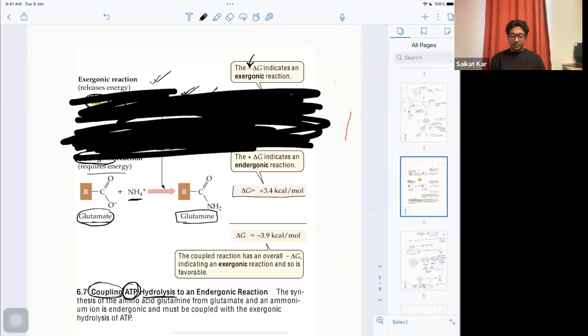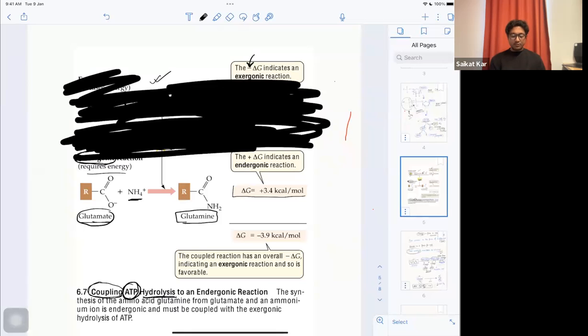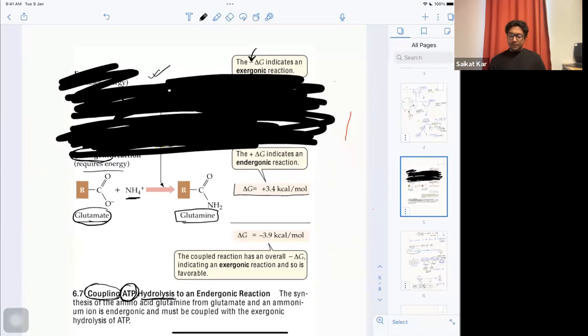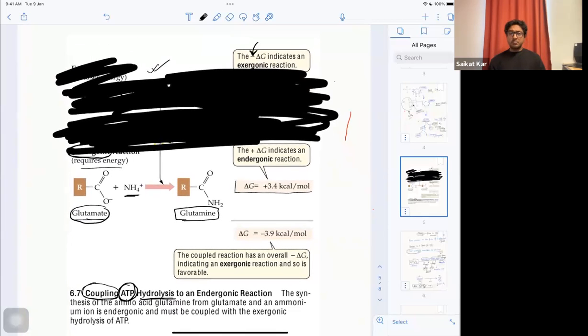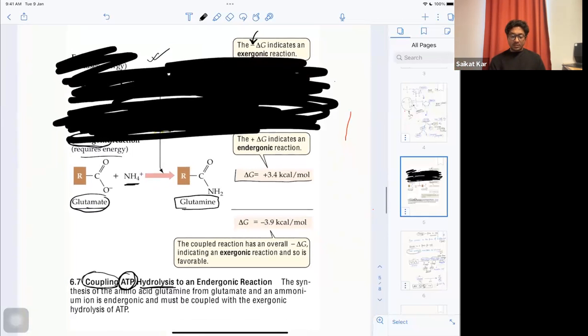In this case, if you just see the reaction below, you'll find it confusing, because this reaction is not following the second law.